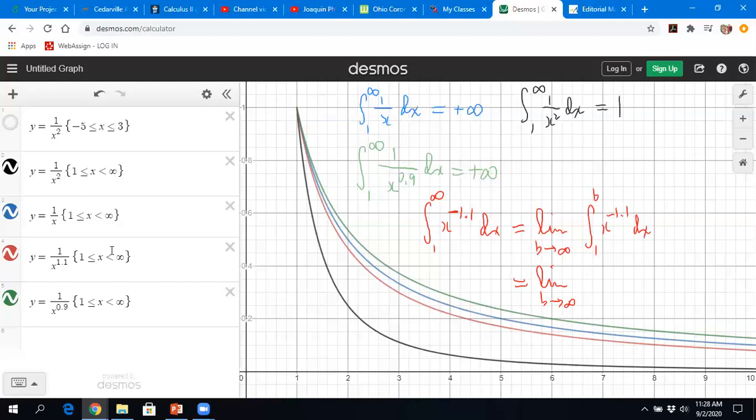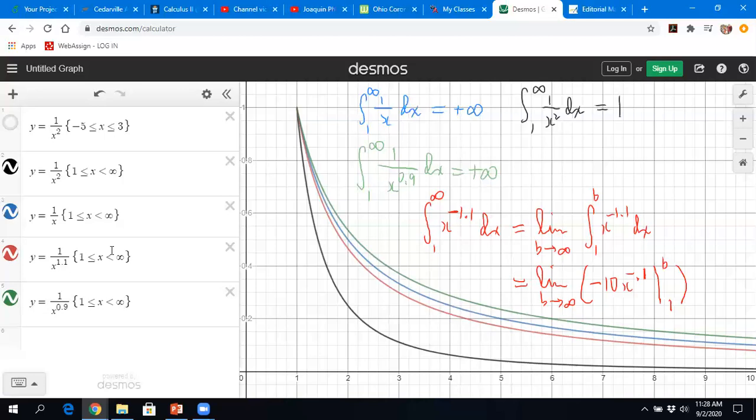Does that make sense? But if I divide by negative 1/10, that's the same thing as multiplying by 10. Dividing by 1/10 is the same as multiplying by 10. So this is like negative 10 x to the negative 0.1 evaluated between 1 and b. Okay?